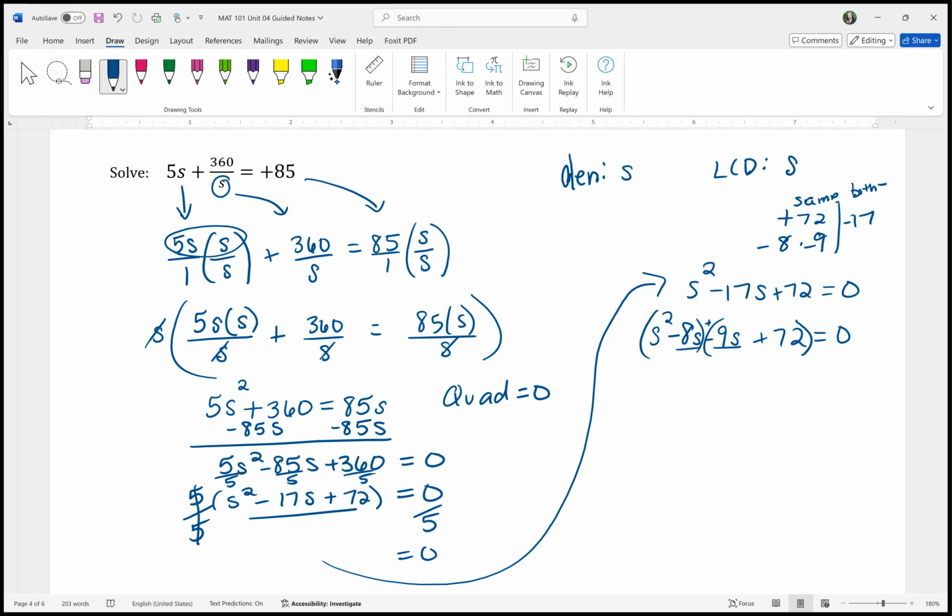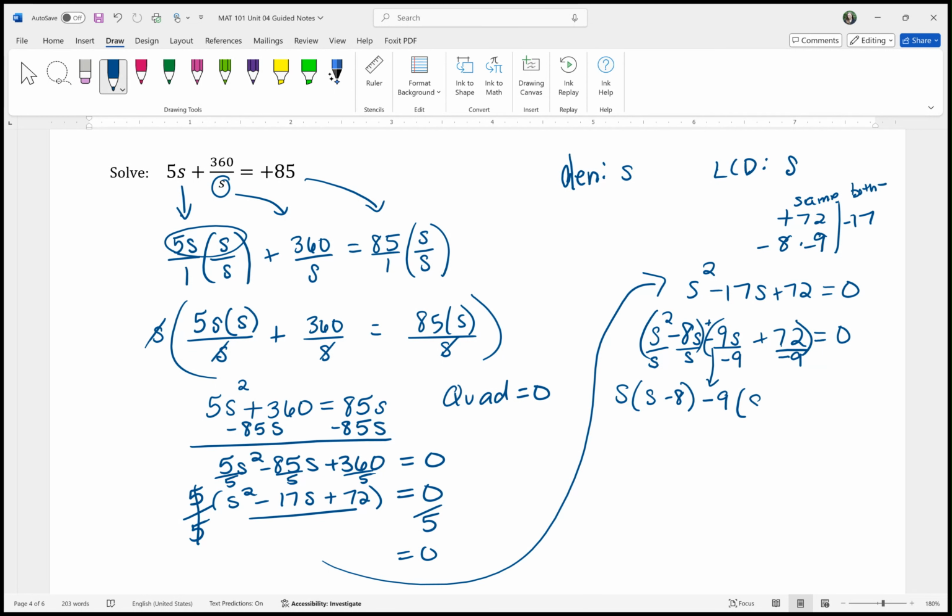And now we're factoring out our GCF in each group. That's just going to be S, divide by S, and you get S minus 8. In the second group, really important to remember that the GCF is always the sign of the first term. So this negative has to come down, and we're factoring out 9 here. And if we're going to factor out a negative 9, we've got to divide by negative 9 to get these signs working out right.